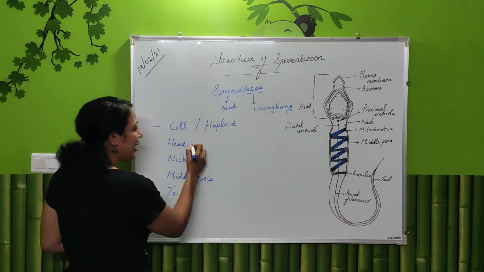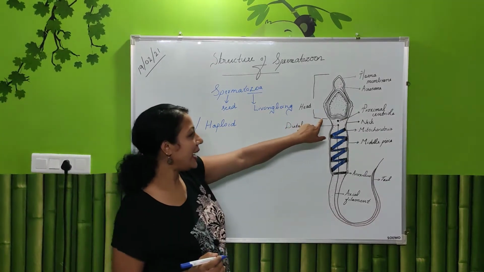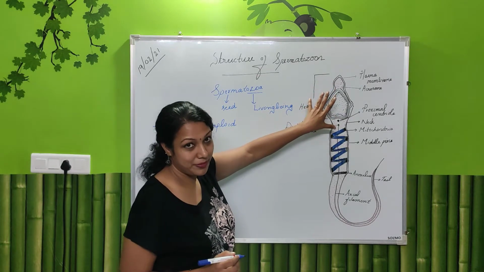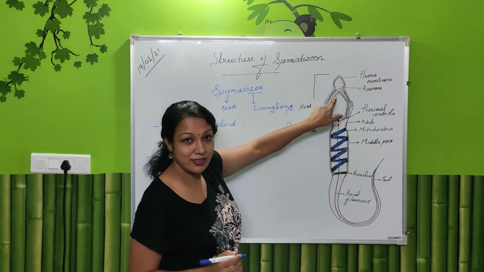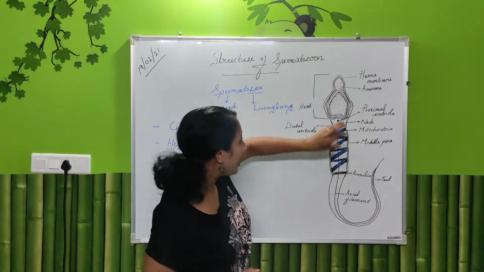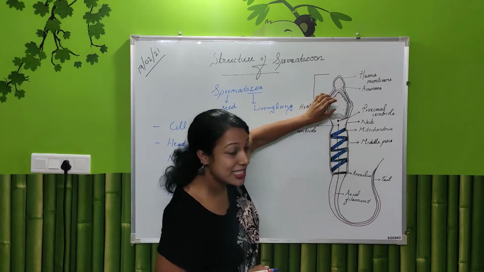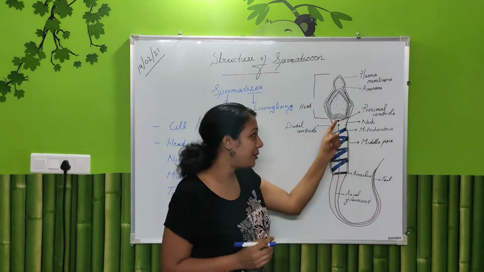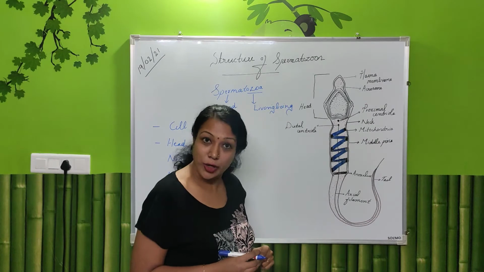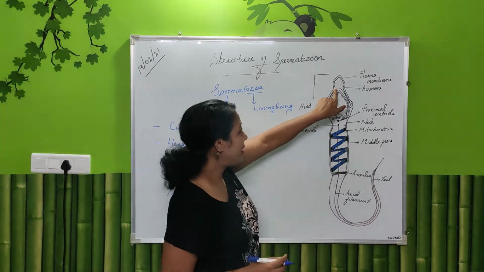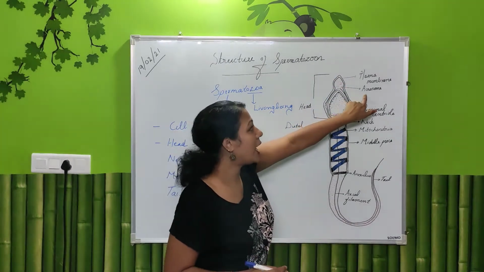Now we will look at the head. Head is the anterior portion of sperm. It contains the nucleus. You can see that the entire head is actually occupied by this nucleus and it possesses haploid content. Now above the nucleus you can see what is present: acrosome.